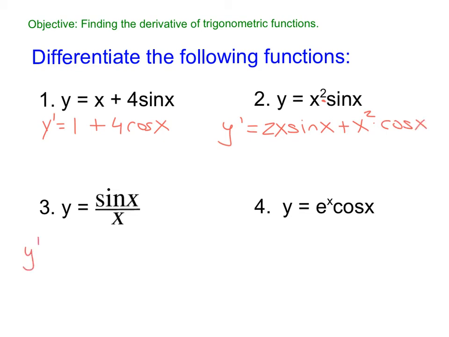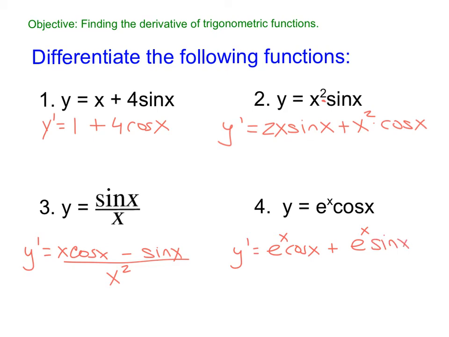Number 3, derivative of the top times the bottom, minus the top times the derivative of the bottom, which is just 1, all over the bottom squared. Last one, derivative of the first times the second, plus the first times the derivative of the second. And I'm going to throw a negative; you can throw a negative wherever, as long as you have the negative.